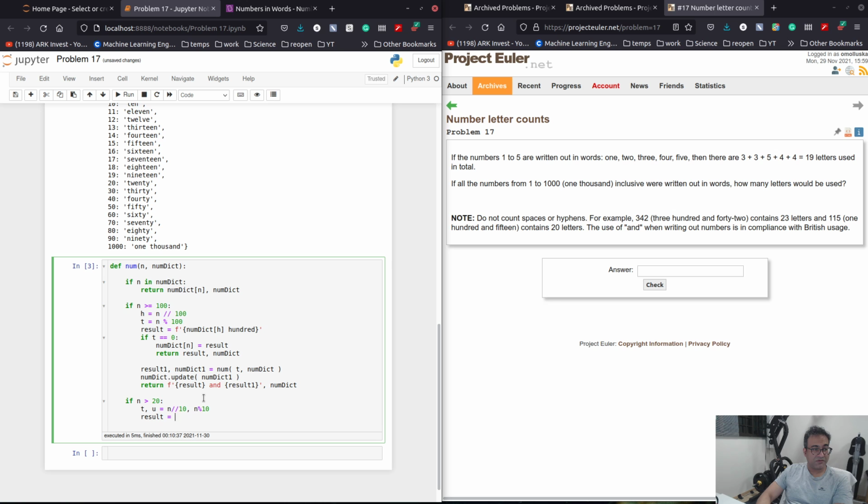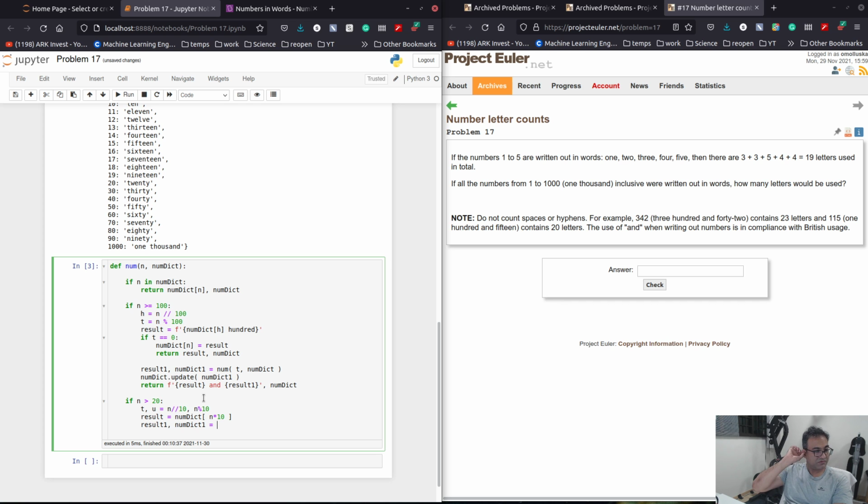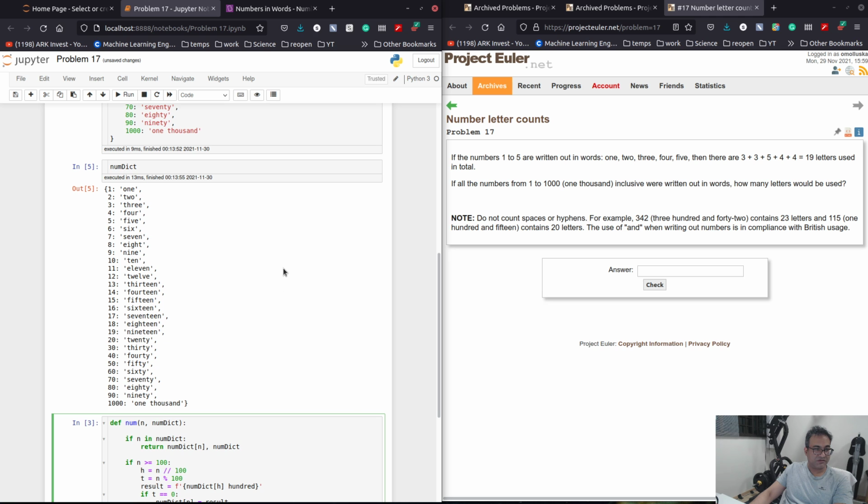Equals numdict n into 10 equals. So the units place, we should have the units place like right over here.